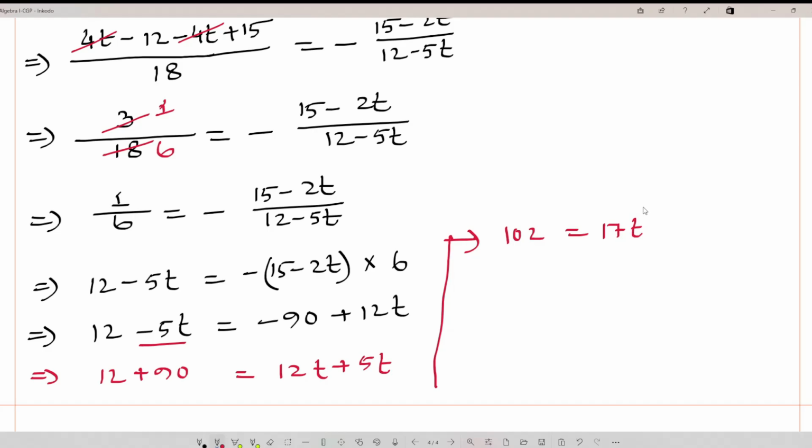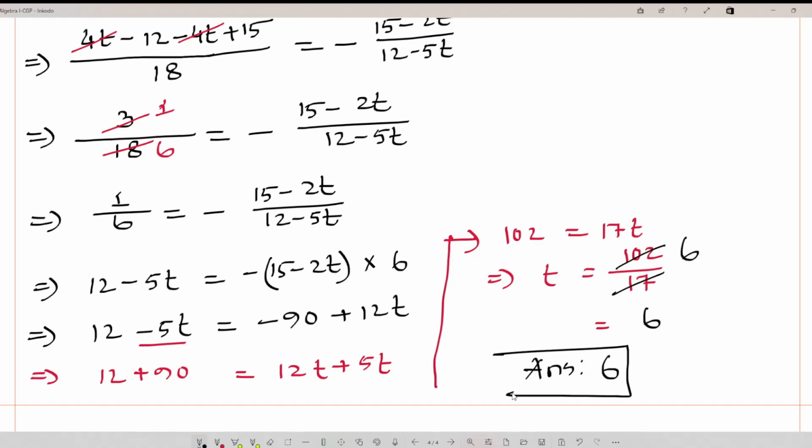Then t equals to, we can write 102 divide 17, right? So what will be the answer? 102 divide 17, the result is 6, okay? So answer is 6, okay?